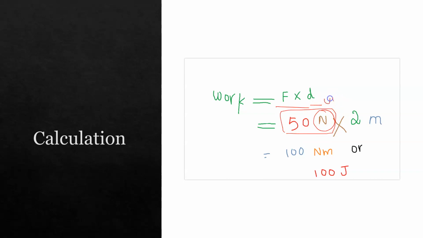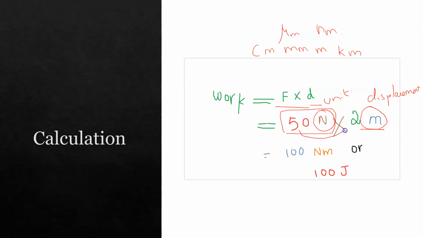Newton is known as the unit of force. The meter is known as the unit of distance and displacement. There are lots of units: centimeter, millimeter, meter, kilometer, micrometer, nanometer. In this example, we have taken meter for the displacement.